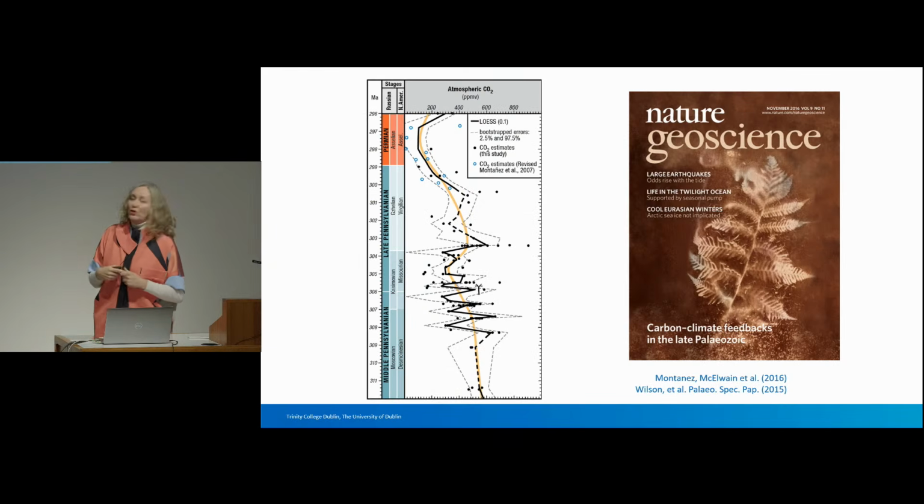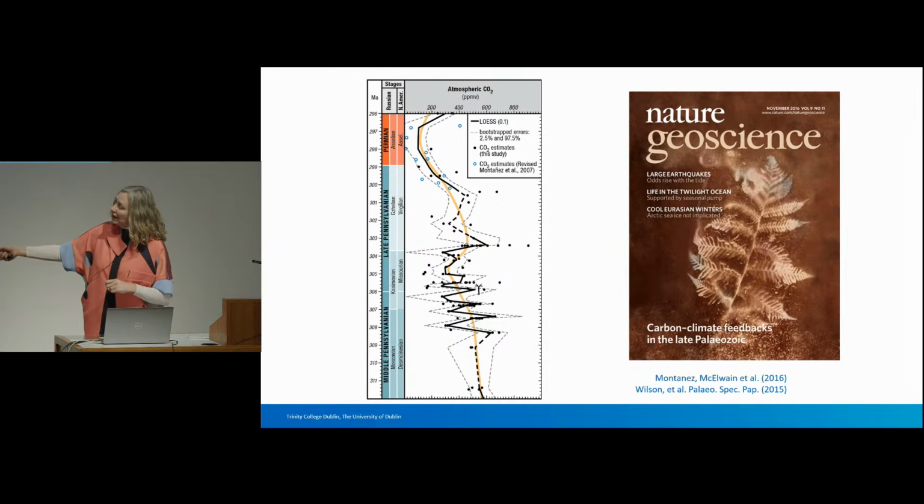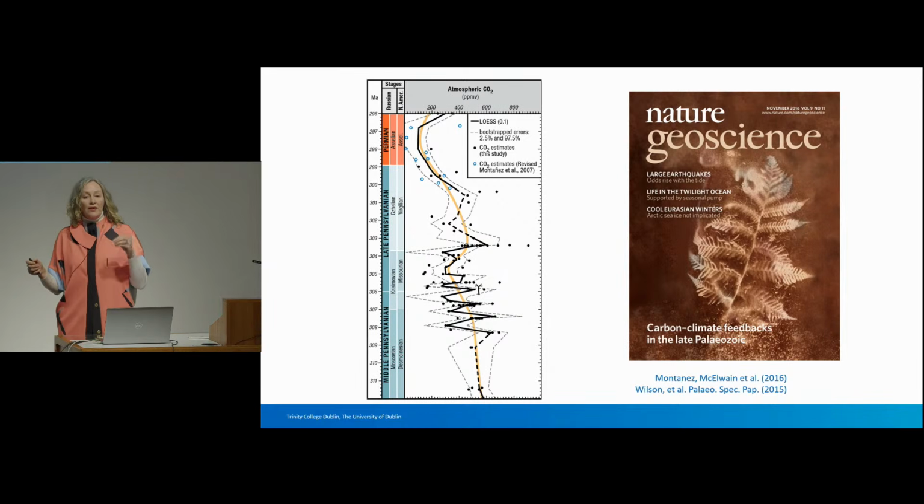So what have we shown with this work? This is a reconstruction of how carbon dioxide changed between 311 million years ago and 290 or so million years ago. You can see that carbon dioxide levels are going down, coming up, going down, coming up. This is based on the stomatal method, but also on another method, just to cross-check it.